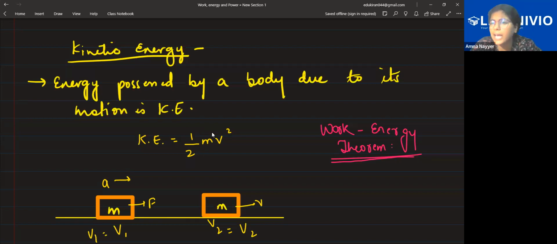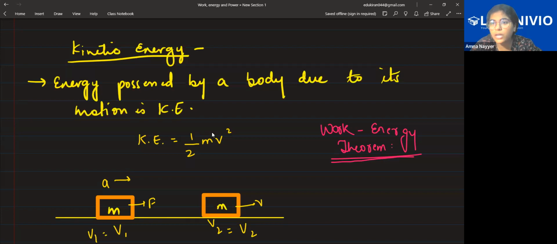How do you calculate kinetic energy? If there are two values of kinetic energy, you take the difference, final minus initial. So the final kinetic energy minus the initial kinetic energy will give you the work done.